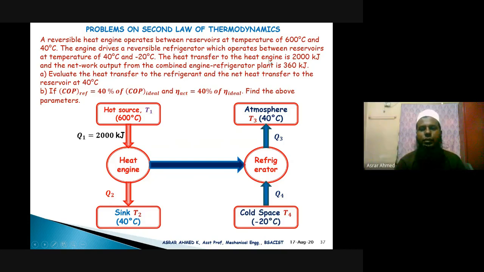Now coming to the question. The heat transfer to the heat engine is 2000 kilojoule, and the net work output from the combined engine refrigerator plant is 360 kilojoule. So what does it mean? It is producing some work. Let us say, for example, the heat engine is producing 100 kilojoule of work.